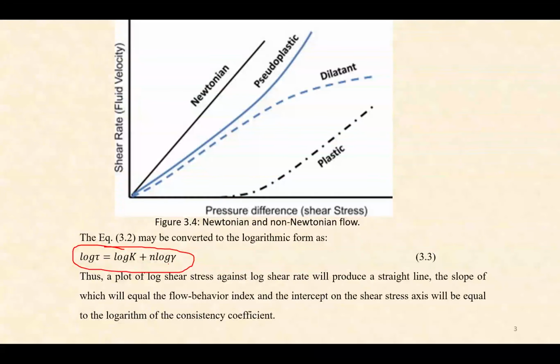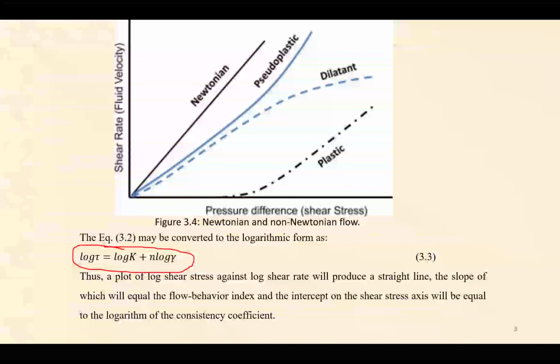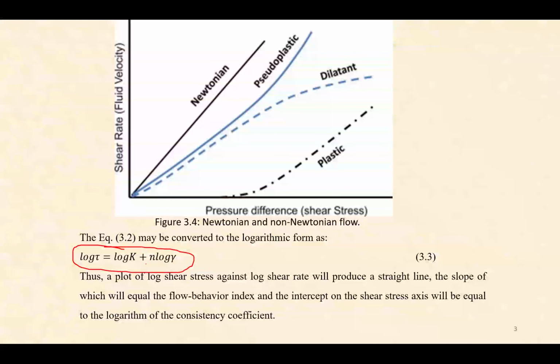Then if we plot log of tau versus log of shear rate gamma, log K is nothing but the intercept and n is the slope. So from the intercept you can get the value of K, that is the consistency of the fluid, and from the slope you can get n, the flow behavior index.